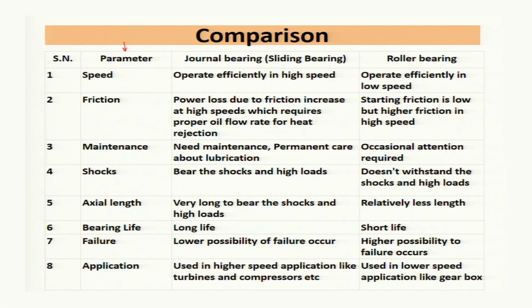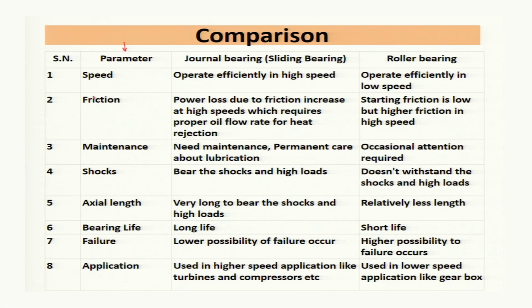So based on the speed, the journal bearing operates efficiently at high speed, because with the increase in speed, the hydrodynamic pressure which automatically develops due to wedge action increases. Roller bearing operates efficiently at low speed, because at high speed there will be noise.